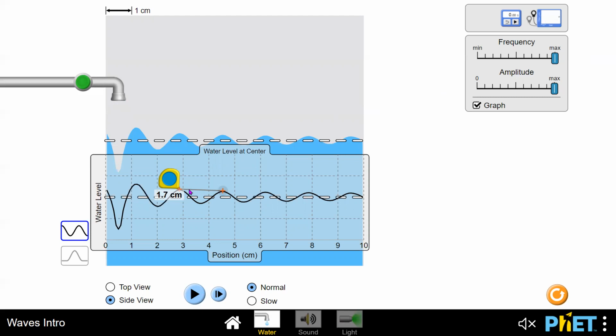That is a significant decrease in the wavelength, right? It shows the relationship. The wavelength of the wave is inversely proportional to the frequency. That means if you increase the wavelength, frequency will decrease. If you decrease the wavelength, frequency will increase. This is just the opposite relationship. Okay, so that's what we saw here.